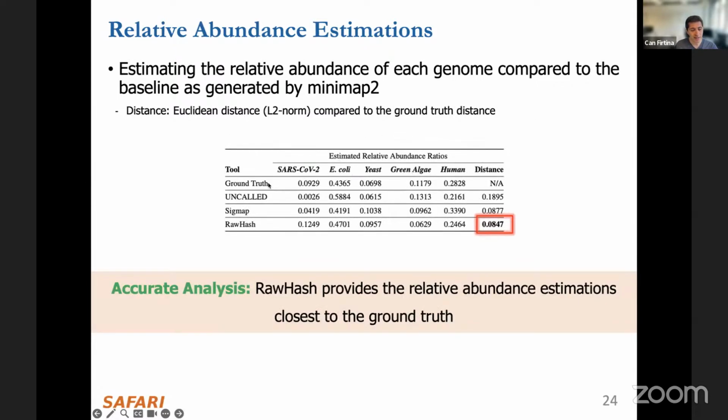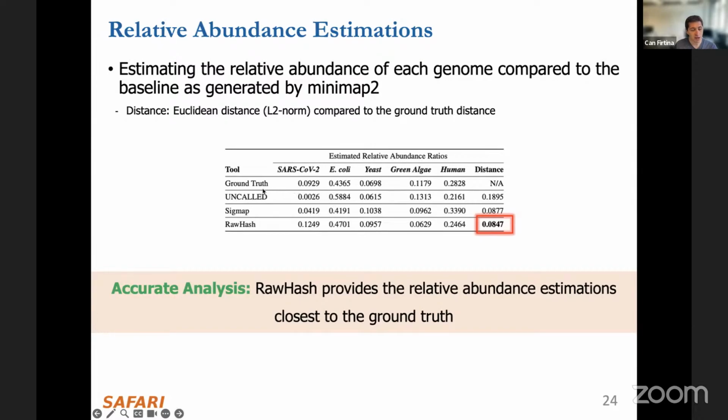We provide a single sample including all of these species: the COVID genome, E. coli, yeast, the human genome, and green algae. And the ground truth is generated by Minimap2 here, and it shows the portion of each species included in the sample. So we use these estimations as the ground truth, and that's why the distance here is not applicable, because we don't compare the distance to itself.